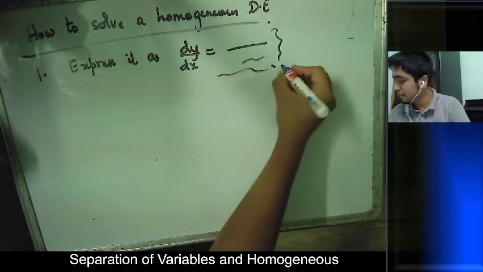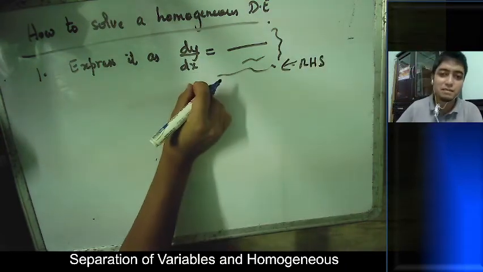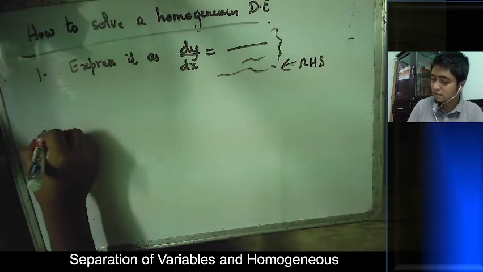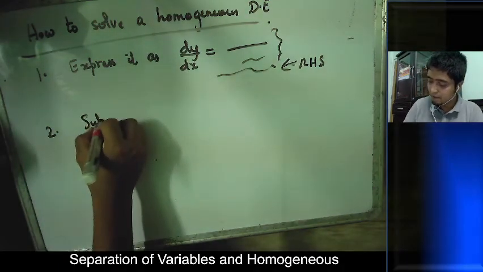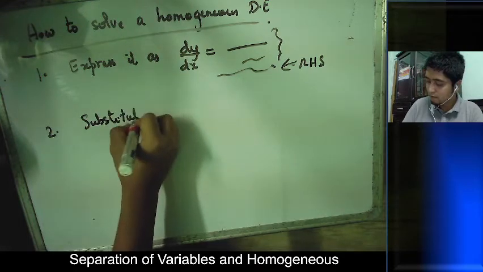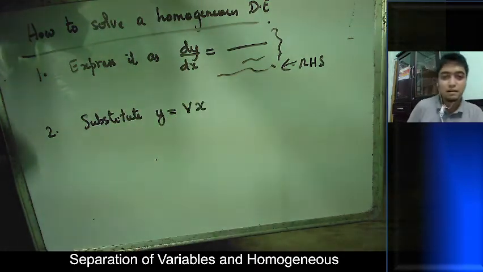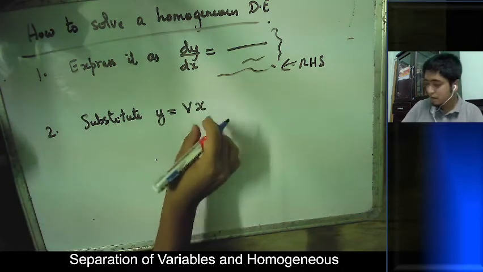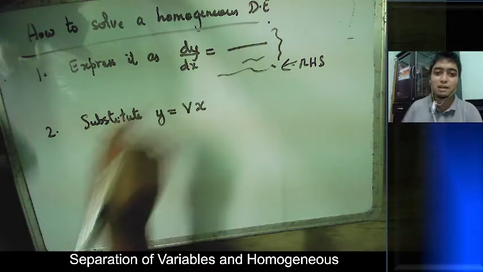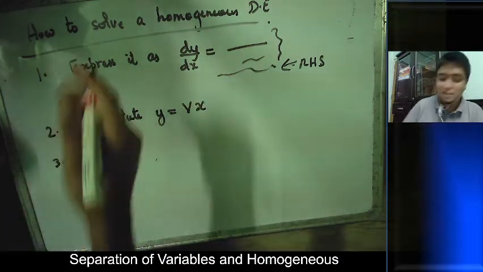Let it be anything on the right hand side, but keep the left hand side only as dy/dx. Then perform a substitution, y equal to vx. When you perform the substitution, you can separate the variables.